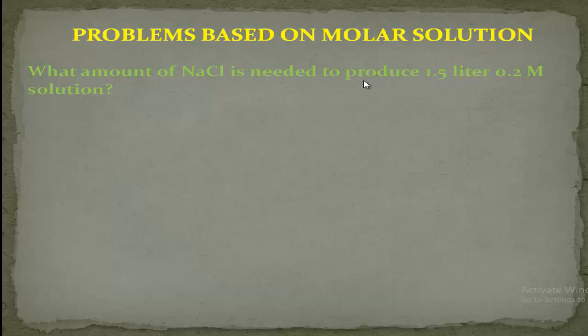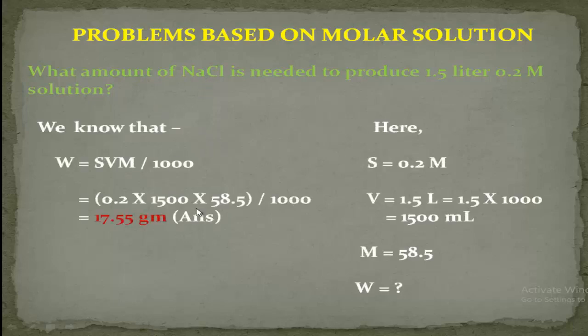Here the volume and the concentration of the solution are given, and we have to determine the amount of sodium chloride. That means V and S are given, the compound is sodium chloride so we know the molecular mass, and we have to determine the value of W.